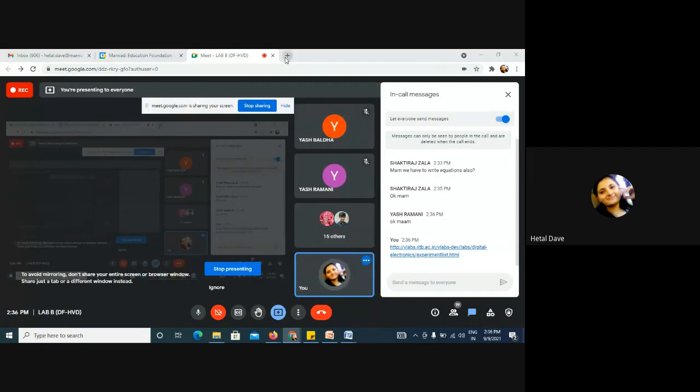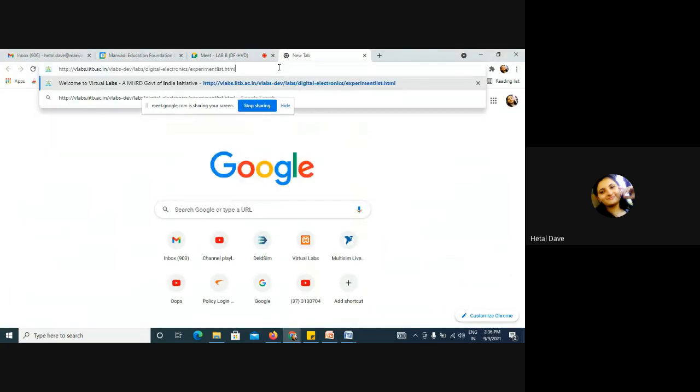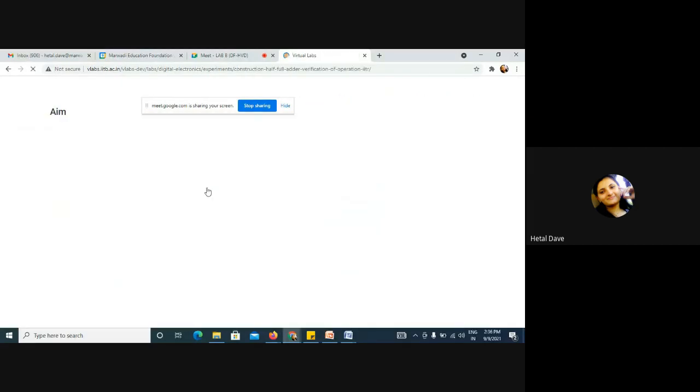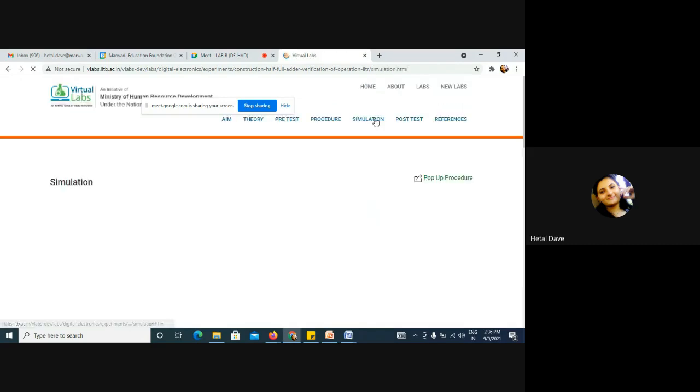I have pasted the link in the chat box. There you will find half adder, full adder, second experiment. You will open it and go to the simulator.